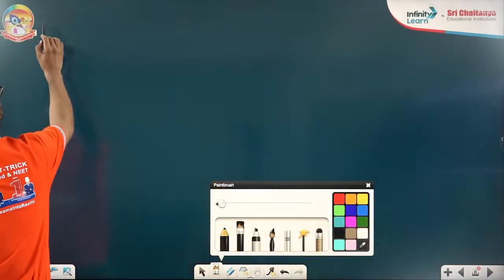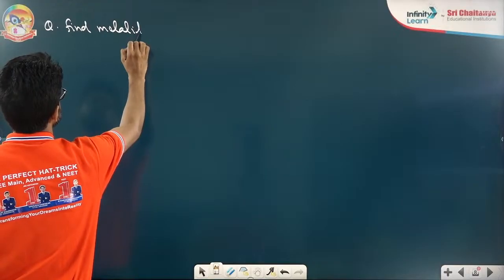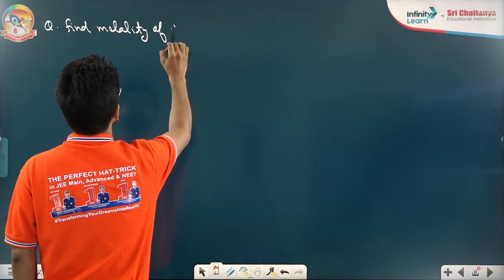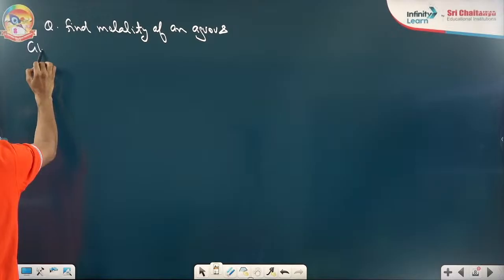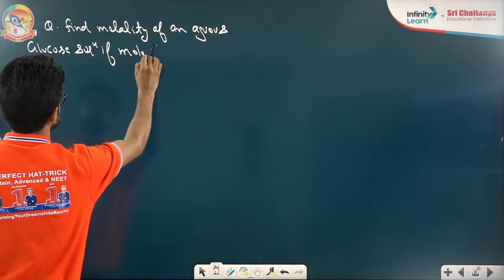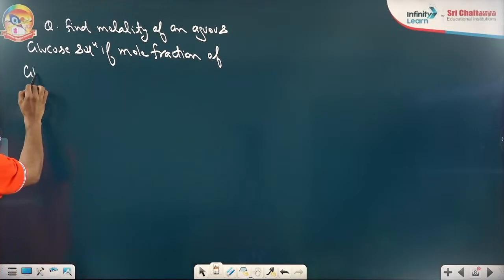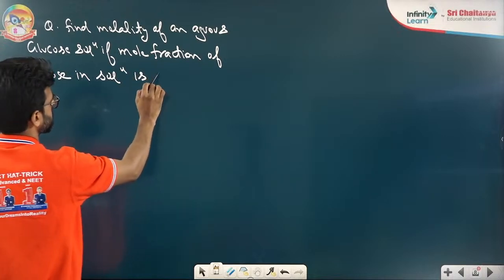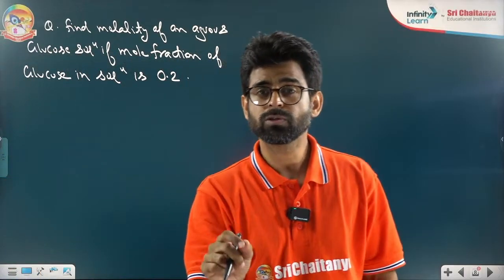Okay. Simple question. Question is: find the molality of an aqueous glucose solution if the mole fraction of glucose in solution is 0.2. 0.2 is the mole fraction of glucose, or solute, in the solution.